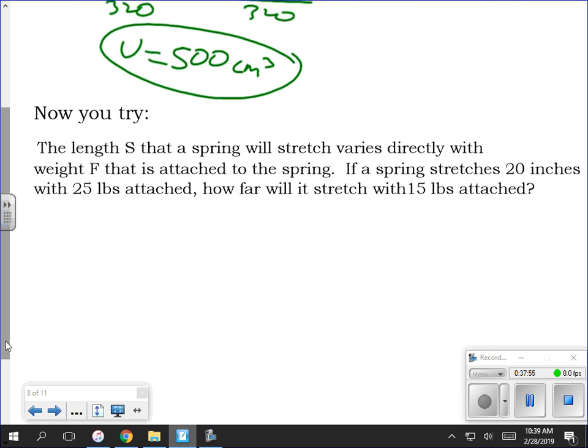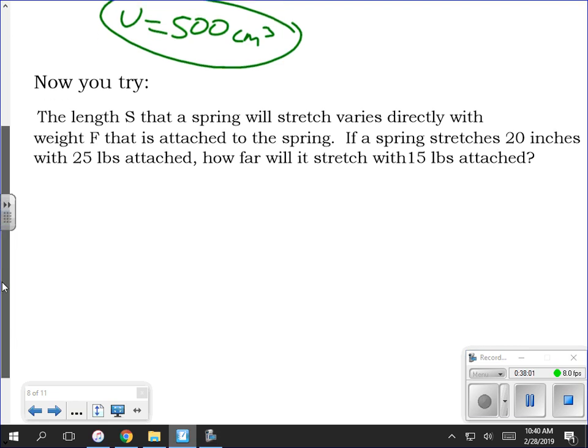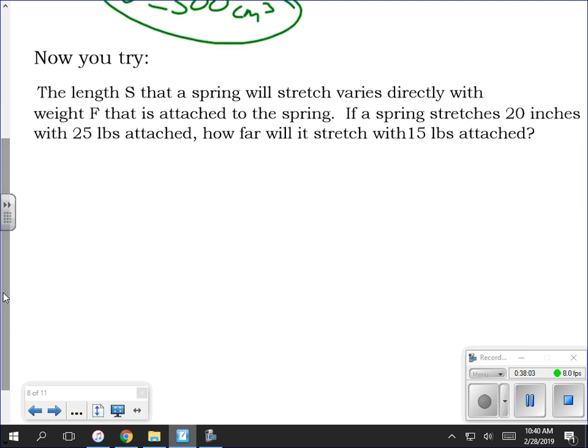Your turn. Okay, so I have direct variation. Direct variation means I divide them. Direct variation, ooh, that's division. And I have S and F. So S divided by F. So if a spring stretches 20 inches with 25 pounds attached, so that's the first one.